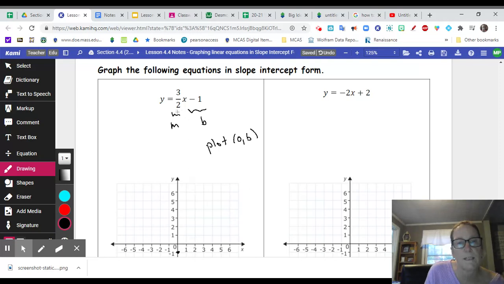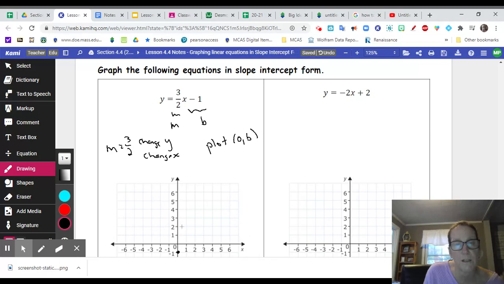Now my slope is 3/2. I'm going to bring that over here. The numerator is how y is changing. y increases by 3 every time x increases by 2. So the y change is up 1, 2, 3.